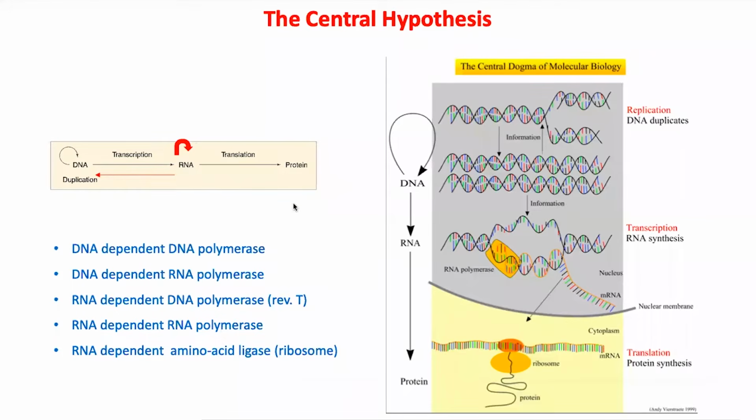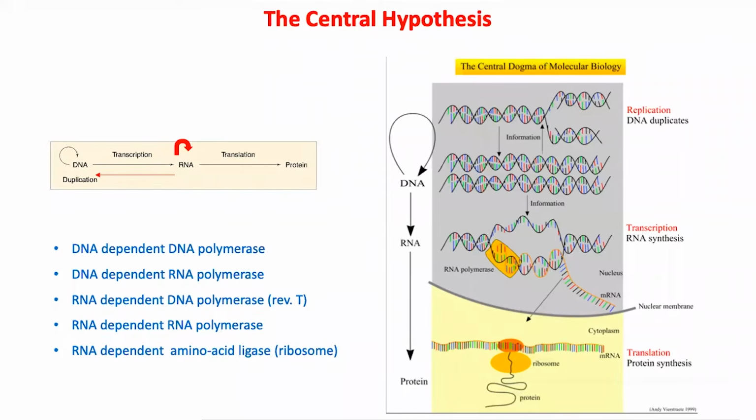And finally, the process of translation, which is making of a protein from RNA, I've just given it a long name. We call it a ribosome, but it's basically an RNA-dependent amino acid ligase. So different amino acids are stitched together, and the linear sequence of the stitching of these amino acids depends on the sequence of the RNA.